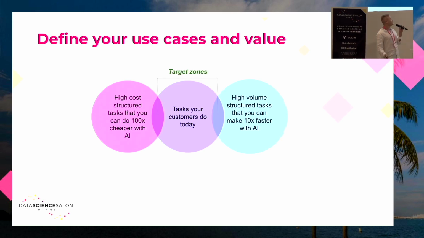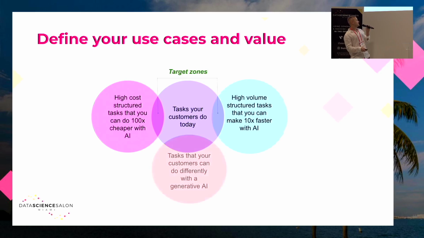And this is what I call the target zone. So go through the list of things that your customers already do. Think about the things that you can make faster. Think about the things that you can make 100 times cheaper. There's also what I call a danger zone. It's tasks that your customer can do differently with generative AI. And I actually see a lot of this.